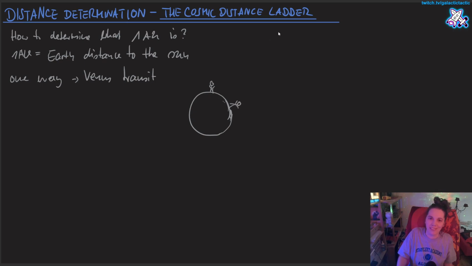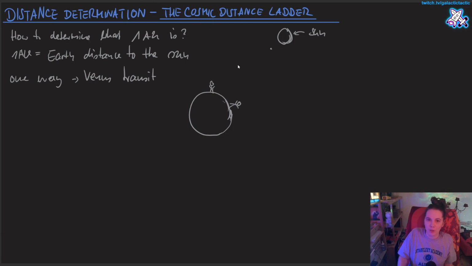Okay, let me see if I can draw it correctly. There's the Sun, and there's Venus, going right in front of the Sun. I should have made the Sun bigger. I think we put Venus there. I hope I draw it correctly, but let's see.